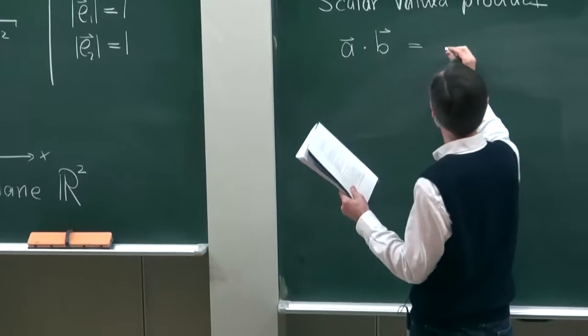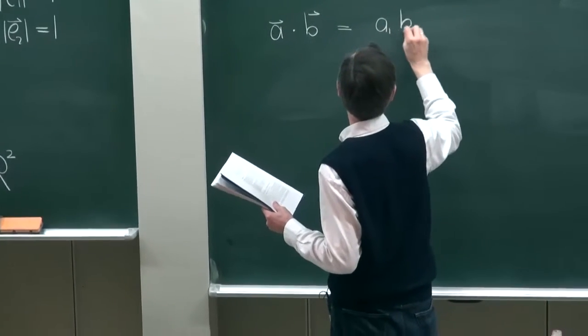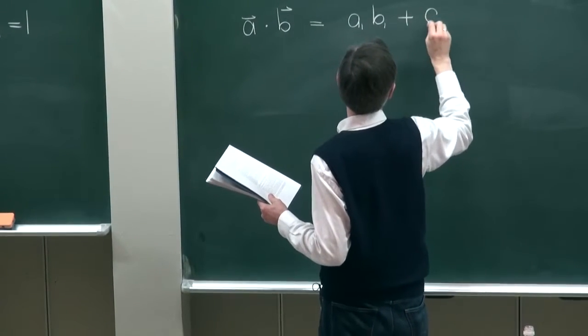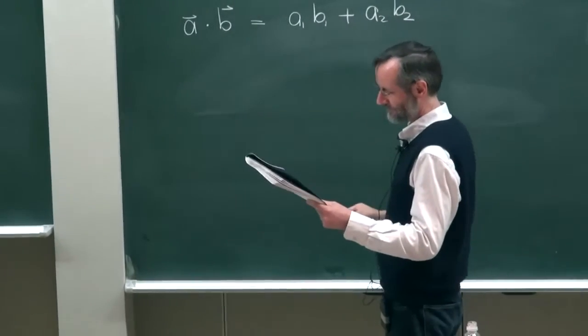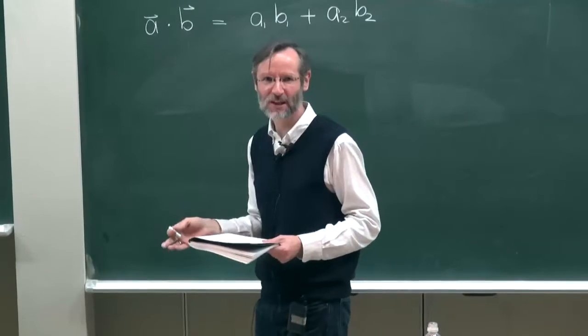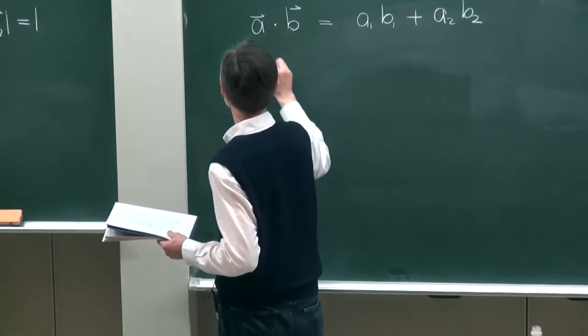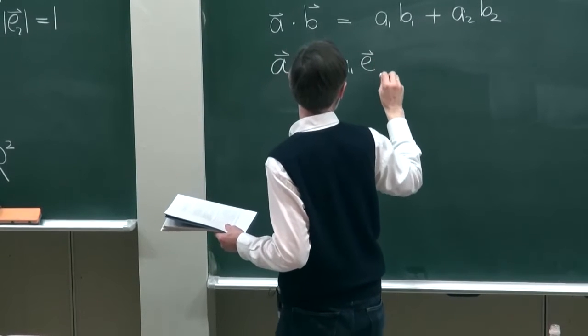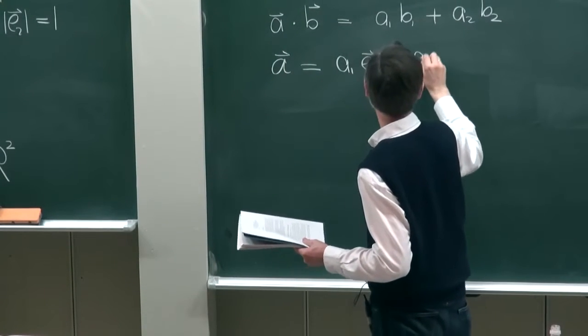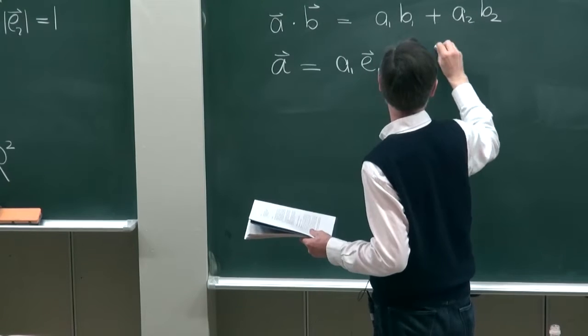So you take A1, B1 plus A2, B2. And the vectors, if you write them separately, before multiplying them, A is A1, E1 plus A2, E2.